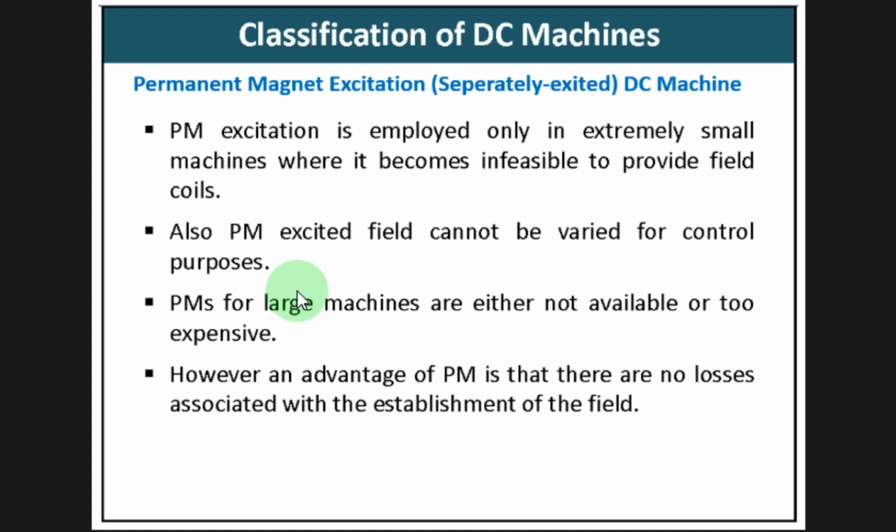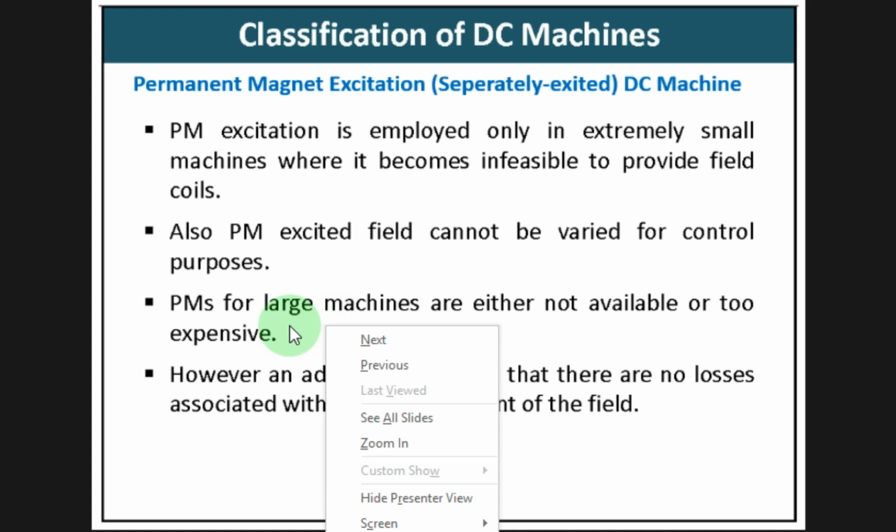Permanent magnets for large machines are either not available or too expensive, because making stronger permanent magnets is very expensive, and sometimes there is a limit that you can go.